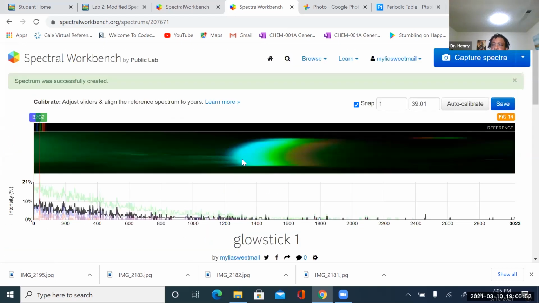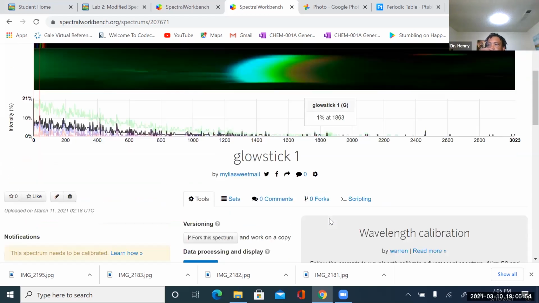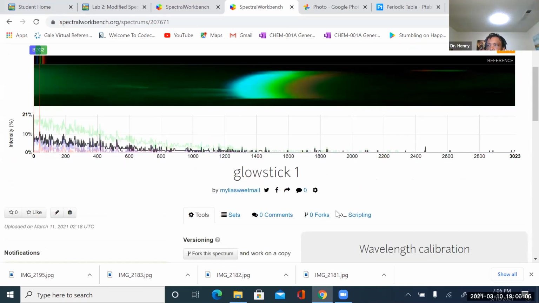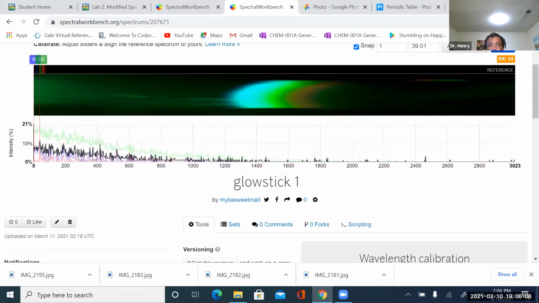Okay, now you see where it says, read the instructions. It actually says, align the B2 and the G2 to the corresponding peaks on your calibration. So B2 represents your blue, and then your G2 represents your green. So you would want to try to find where the blue is at.